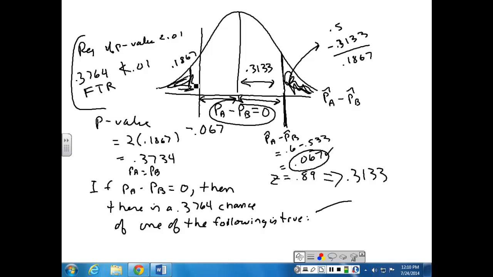Okay, it's up here or down here. If PA minus PB is greater than 0.067, or PA minus PB is less than minus 0.067.